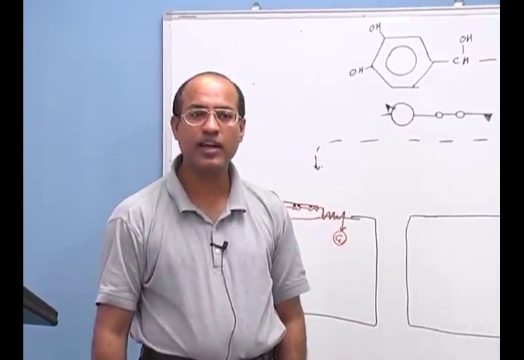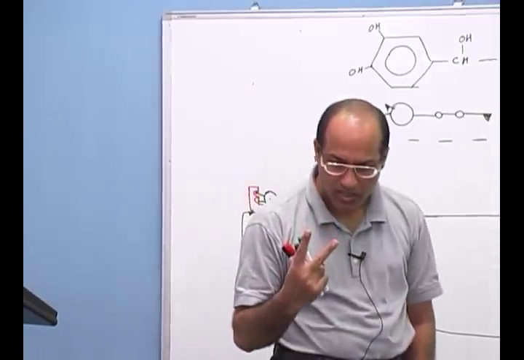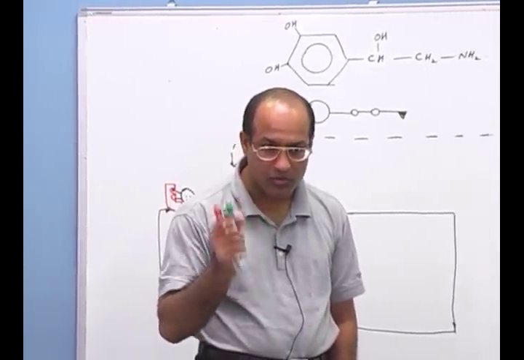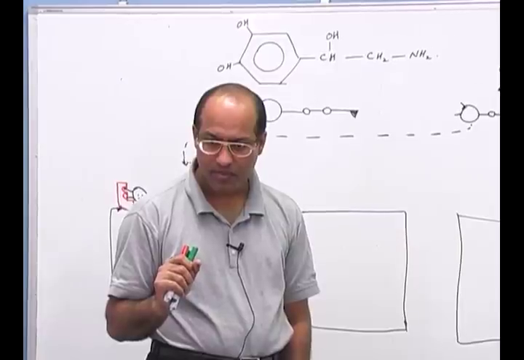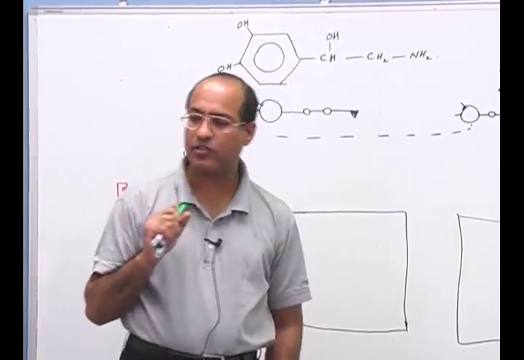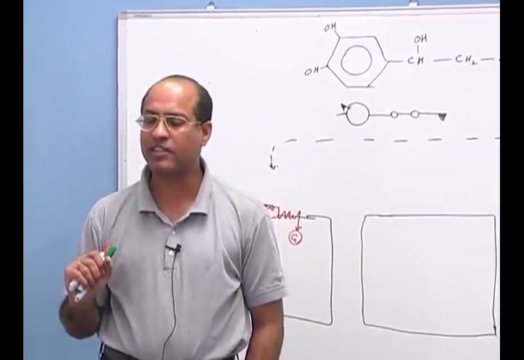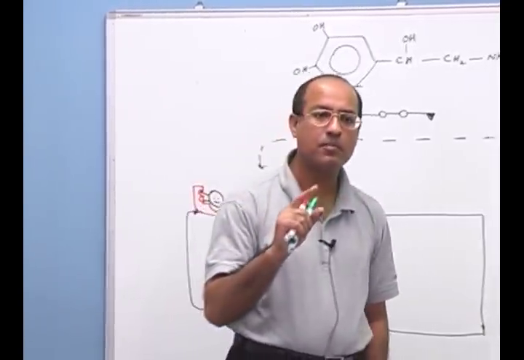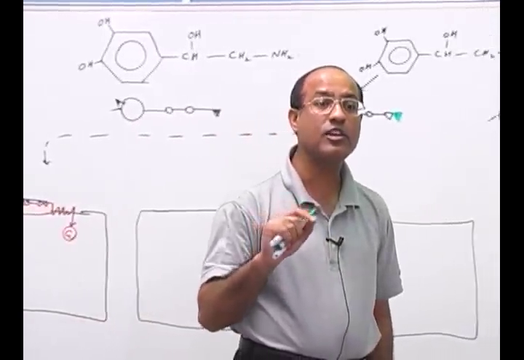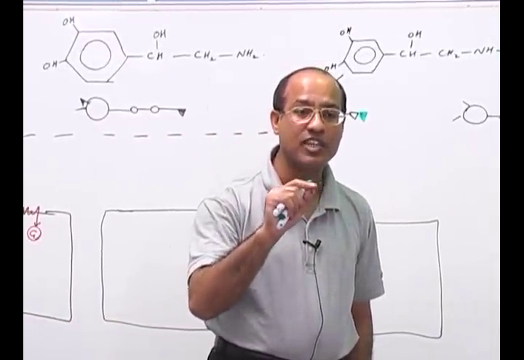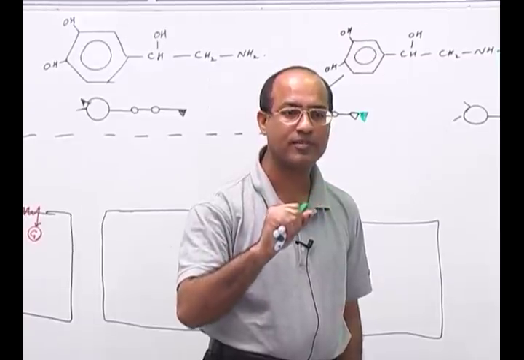So it means we can divide sympathomimetic drugs into two classes. The first class directly stimulates the receptor, and the second class cannot directly stimulate the receptor, but still produces some sympathomimetic activity in the body, because those drugs enter into the nerve ending and into the vesicle and release endogenous norepinephrine.